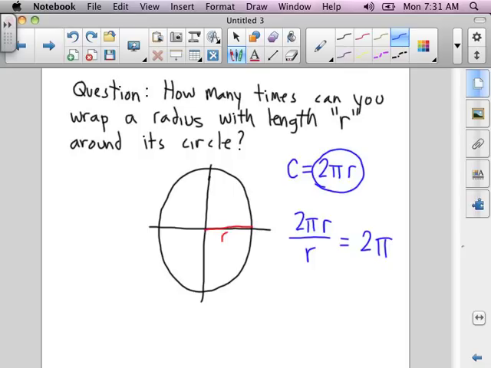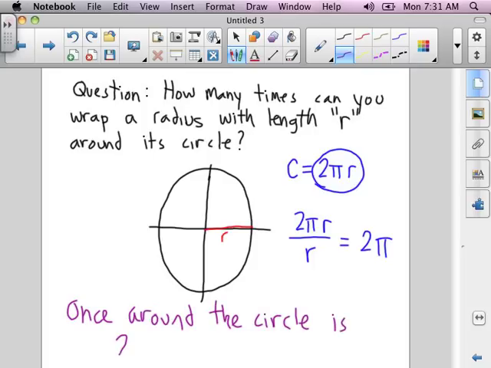So this is actually a really important note that will be relevant when we're converting between degrees and radians. First of all, once around the circle is 2 pi radians. So if I just wanted to do an angle that went all the way around the circle, that would be 2 pi radians, because you can see right there with my circumference formula that follows pretty quickly.